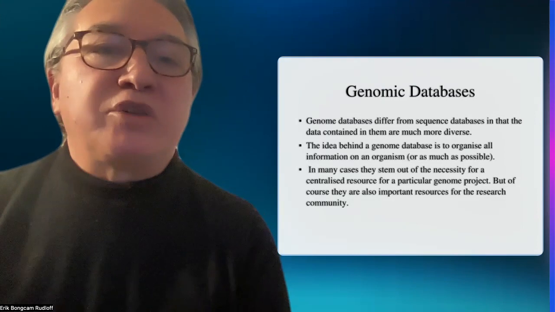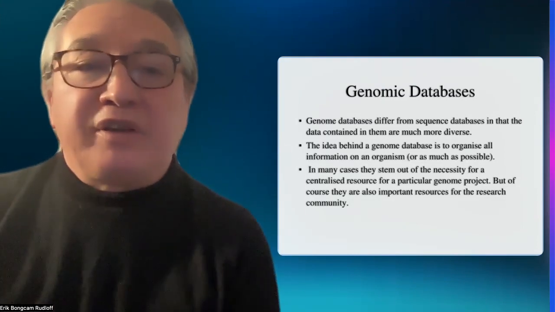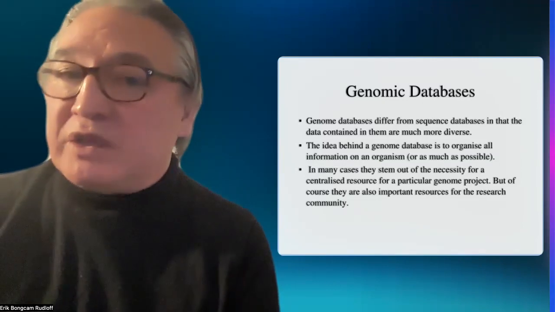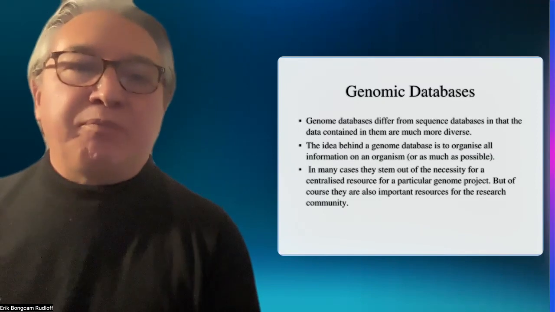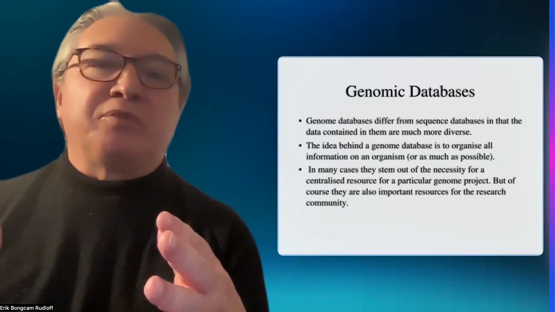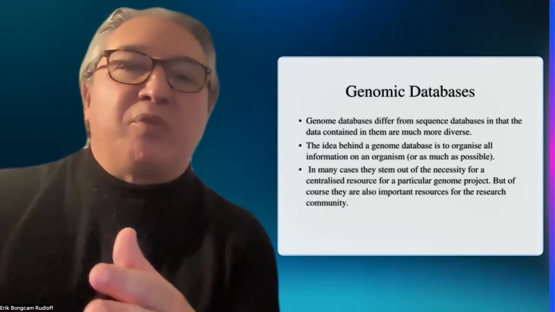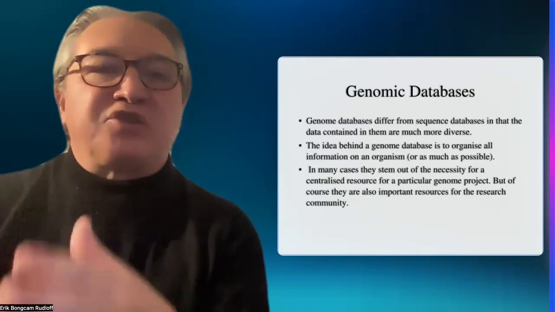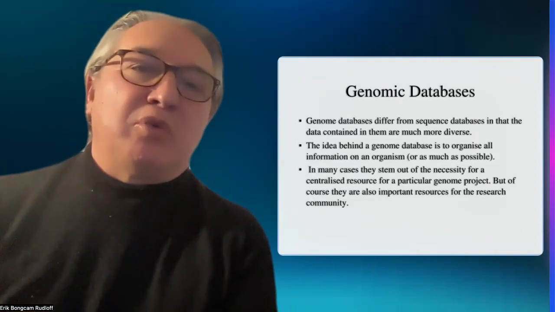I don't know which organisms you're working with. Some of them do not have these facilities, unfortunately. And if you ask me why, it's very simple. There are rules. So for instance, the cassava genome is not in the genome browser of Ensembl yet, because they have the following rule.